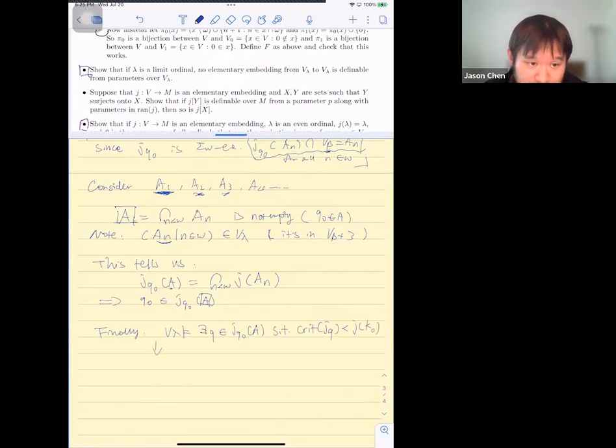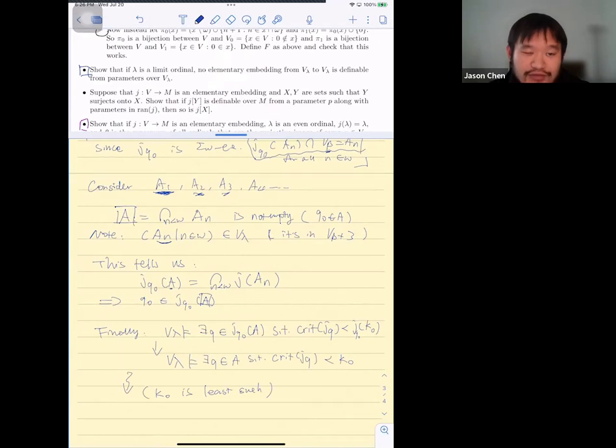So by elementarity, pull it back. V lambda is going to think there exists some Q in A such that the critical point of JQ is less than kappa 0. But this is a contradiction because kappa 0 is least such. So it's really, as you can see, a reflection argument coupled with the Suzuki trick of considering all the possible parameters. Yeah, so this finishes the proof.